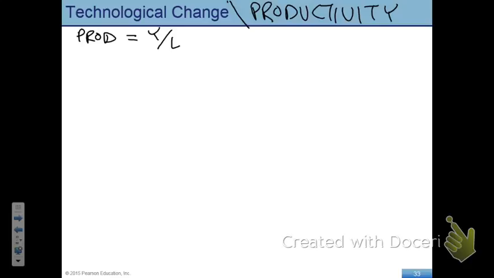It means that if we are planning to make more profit, if we want to be more efficient, we want to be able to produce a lot of output with a little bit of inputs. So an increase in productivity, therefore, is good for our firm. So the question is, how can productivity be increased?